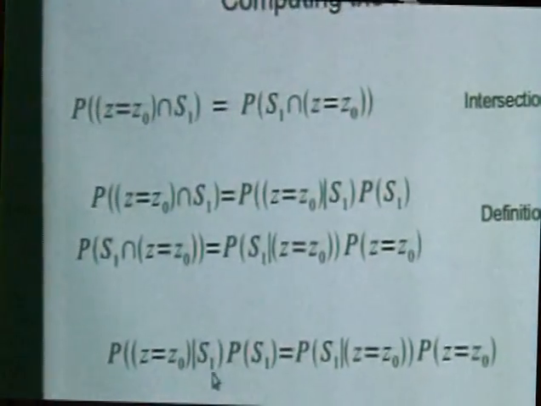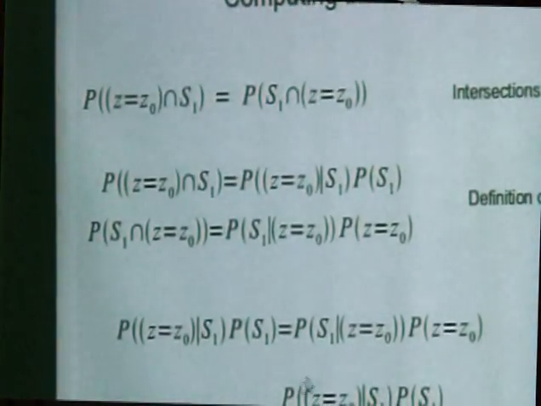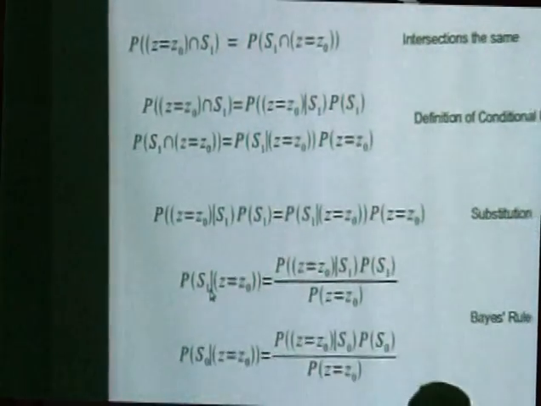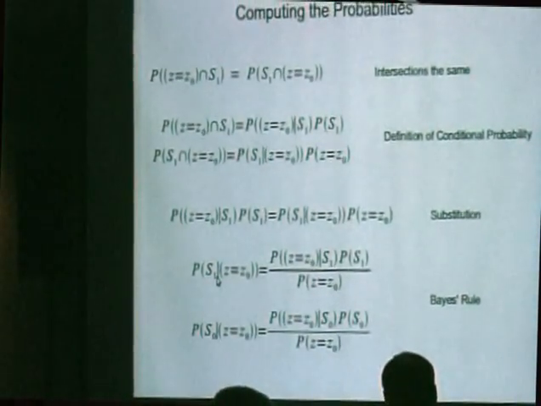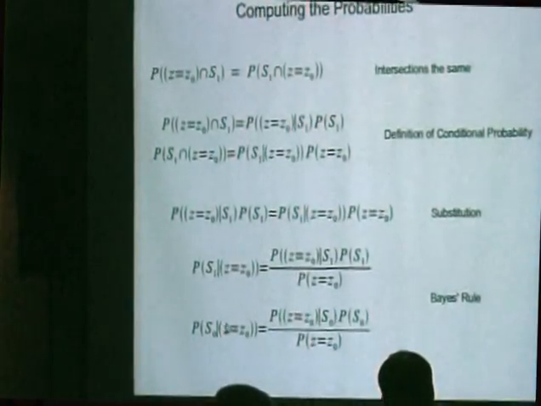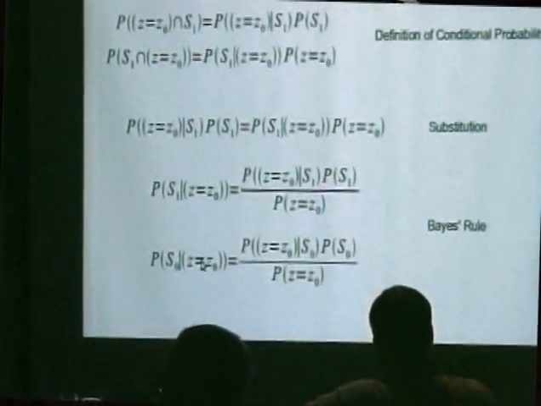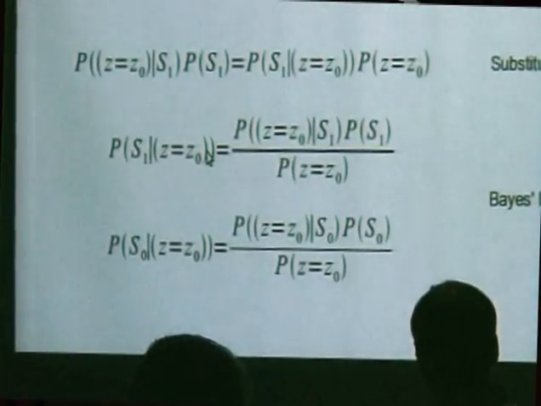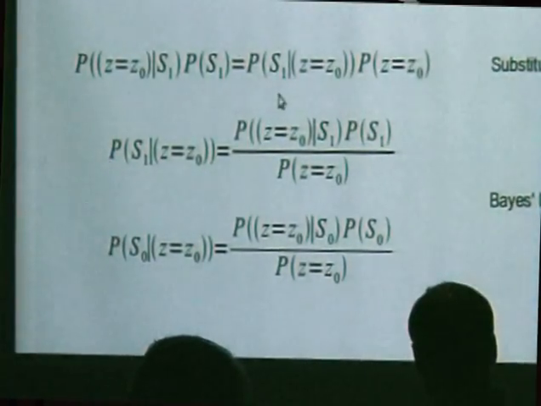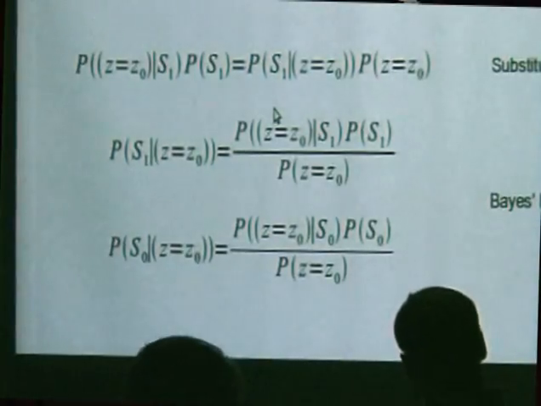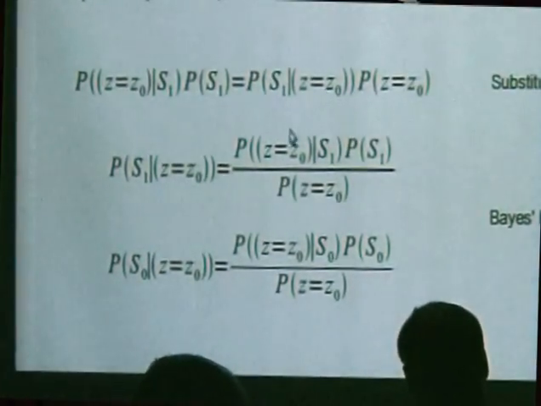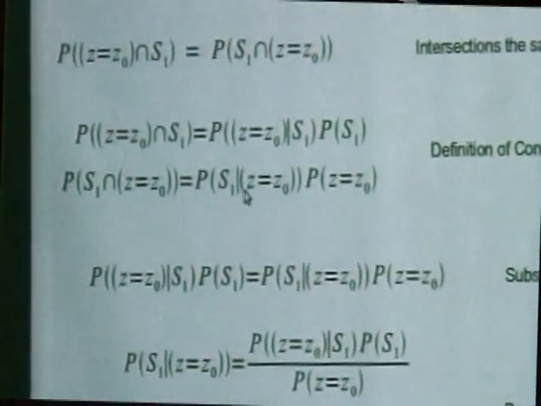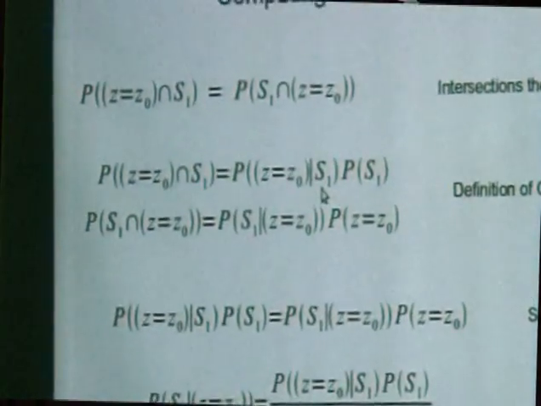And so you can solve for either the probability that an S1 was sent given a Z0 was received, or the probability an S0 was sent given a Z0 was received, just by placing S0 in there. You could also switch that around and solve for the probability that z equals z0 given an S1 was sent.